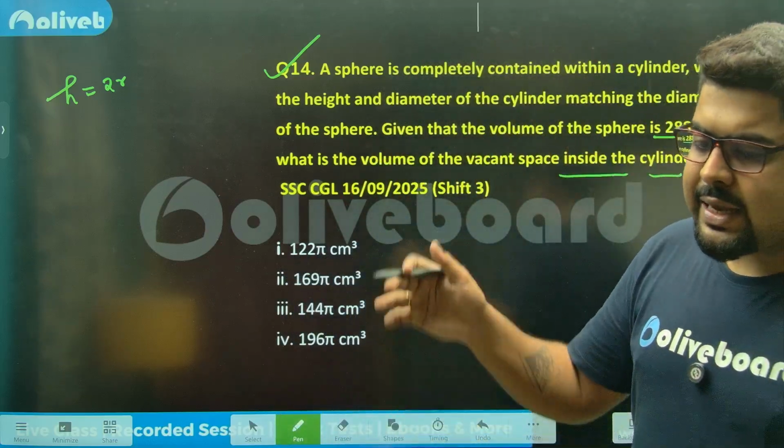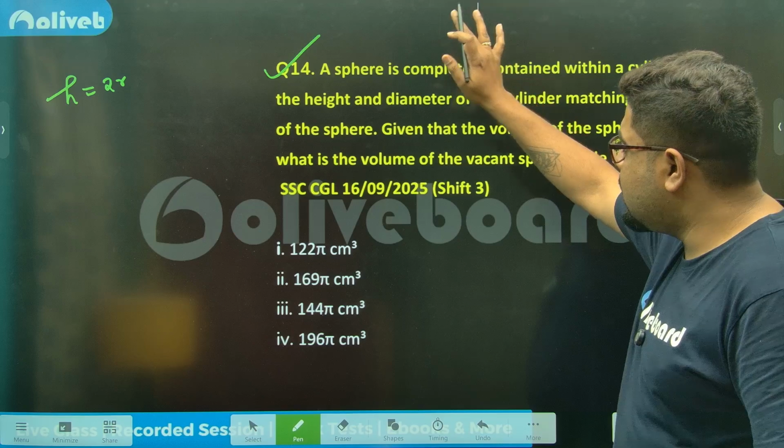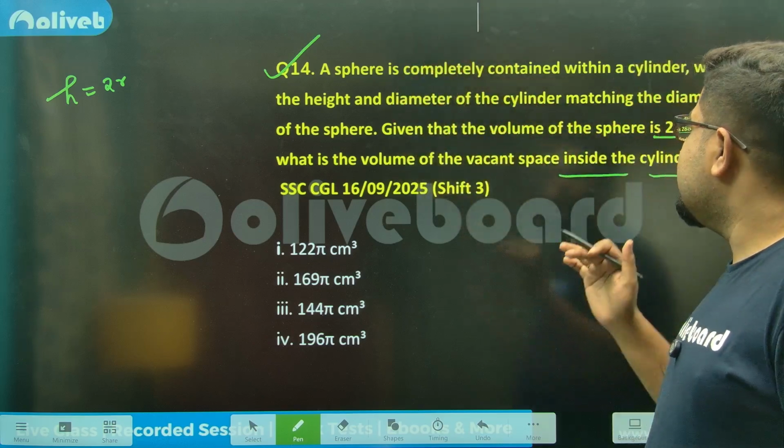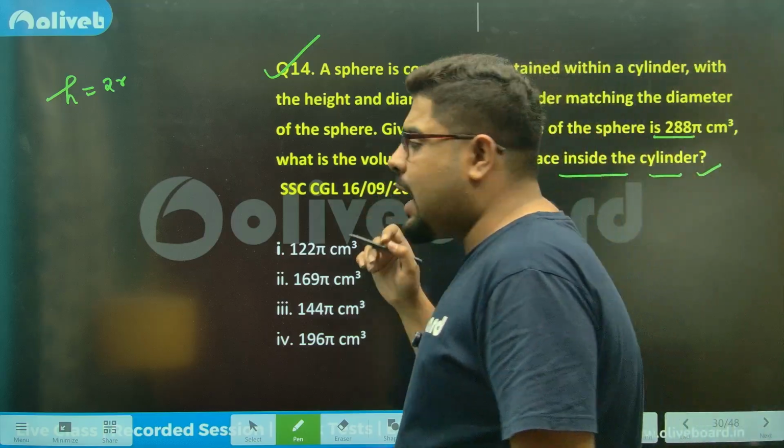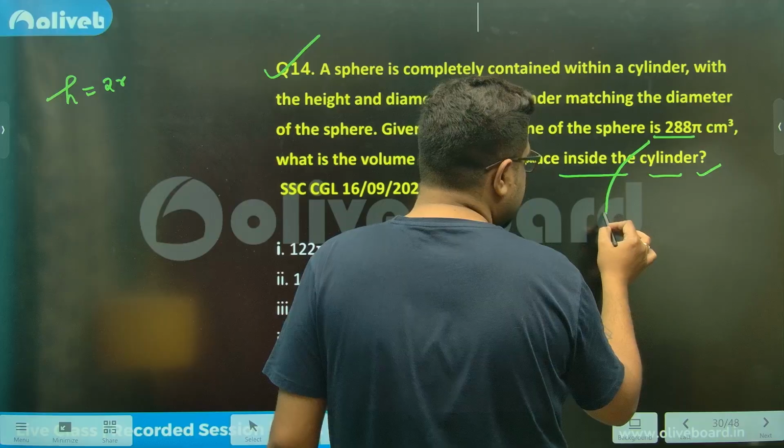In both cases I can use the same r. Volume of the sphere is given, so I can figure out the r value from here.